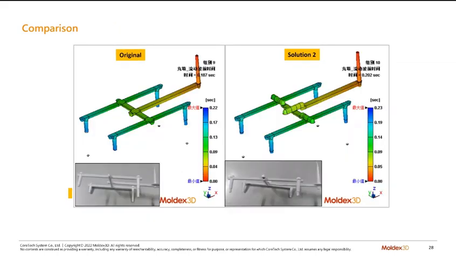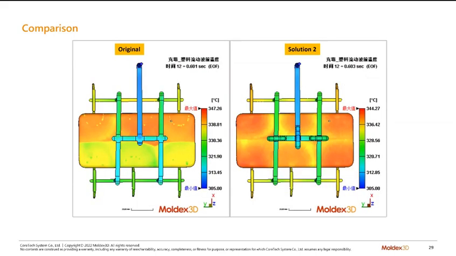And then they can check the melt front temperatures. You can see that it is more uniform in this solution 2. And the uniform temperature distribution will provide more uniform viscosity, and the pressure can transfer uniformly inside the cavities.